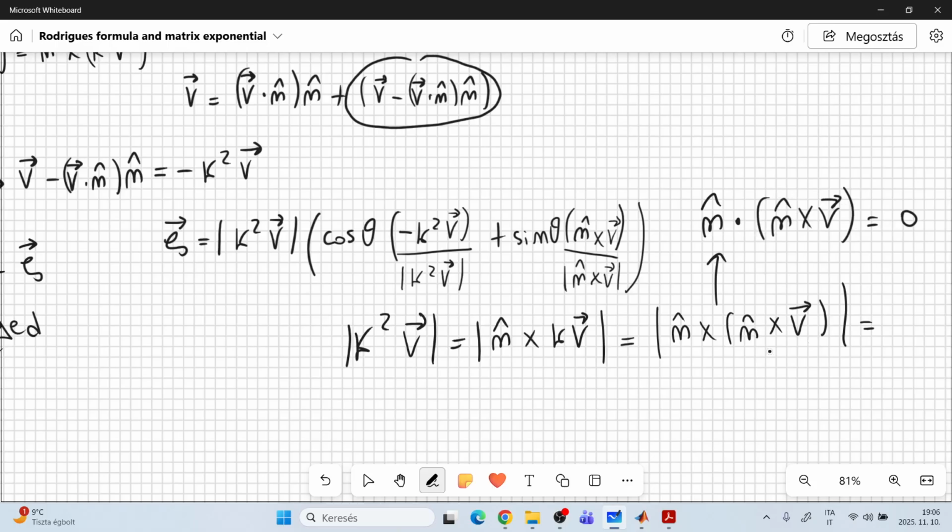And therefore, the mode of that can be written as the mode of this vector, which is 1, times the mode of this vector, which is n cross v mode, times the sine between the two vectors, this vector here and this vector here, but the angle is 90 degrees, and therefore that's equal to 1. So we have proven that this mode is equal to this one.